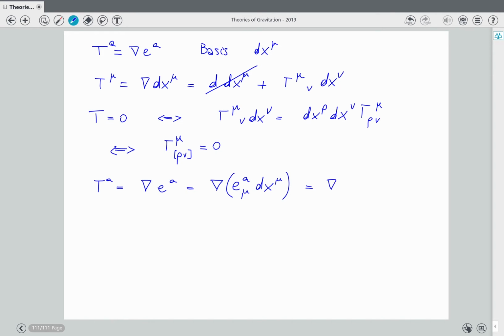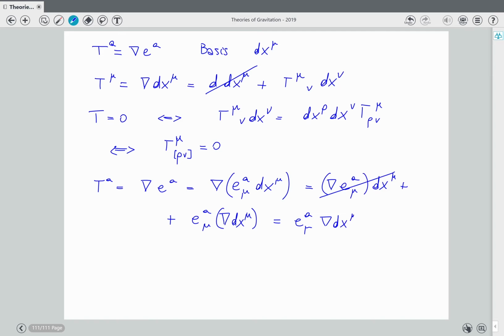So this is del e^A_mu dx^mu plus e^A_mu del dx^mu. But this we know is identically 0, and so you get this.